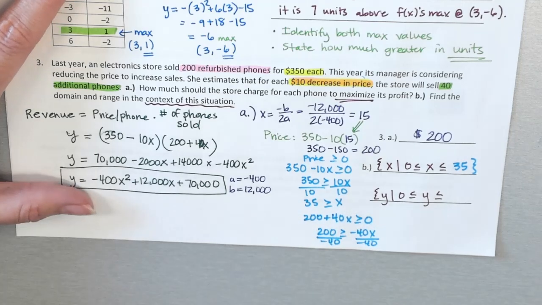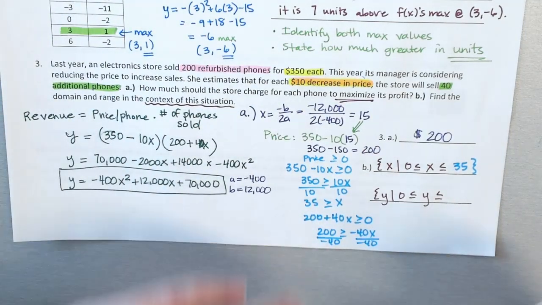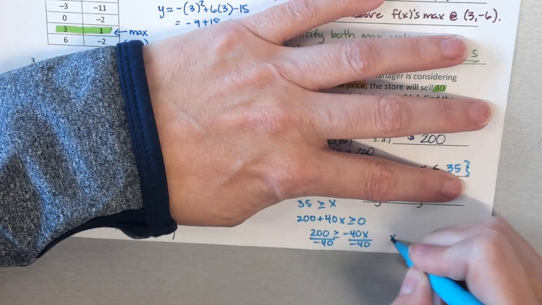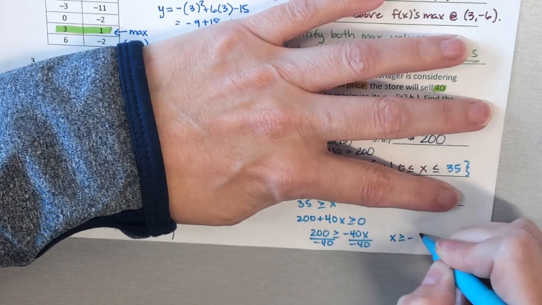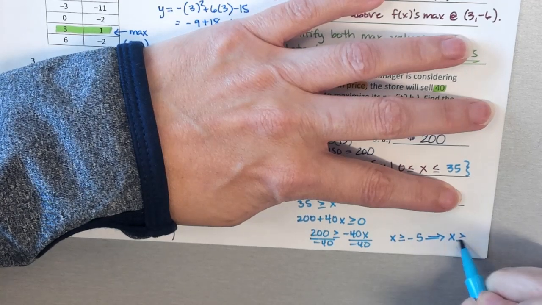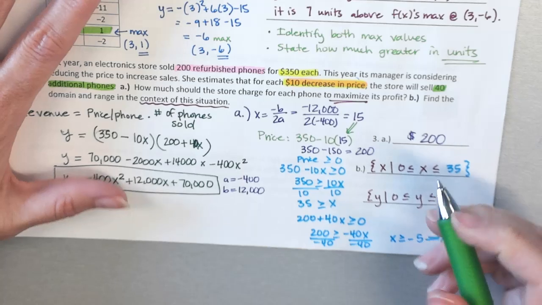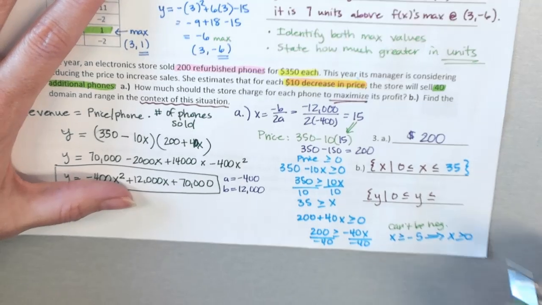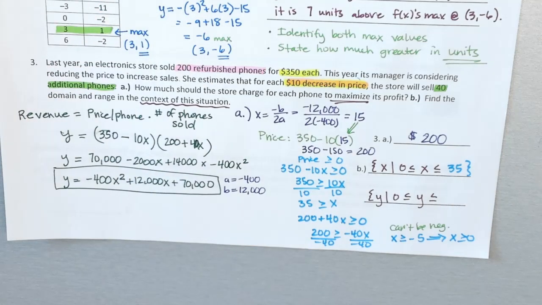Okay, and then because that's not in context, you end up with x is greater than or equal to negative 5. Okay, that's where you have to edit it because it can't be negative. Okay, so the lowest value it could be for x is 0, the highest value it could be is 35.